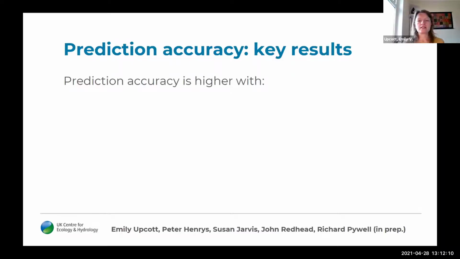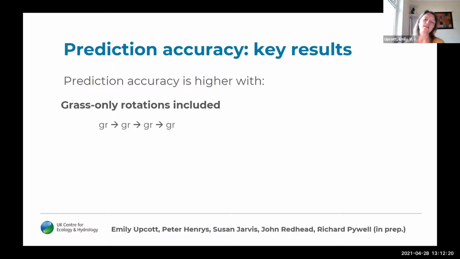And so far in our findings, the approaches that we see resulting in higher prediction accuracies are firstly where grass-only rotations are included. As I've just mentioned, grass only forms the majority of area and number of land parcels, which introduces quite heavy bias. So we've gone through this work, both including and excluding it.